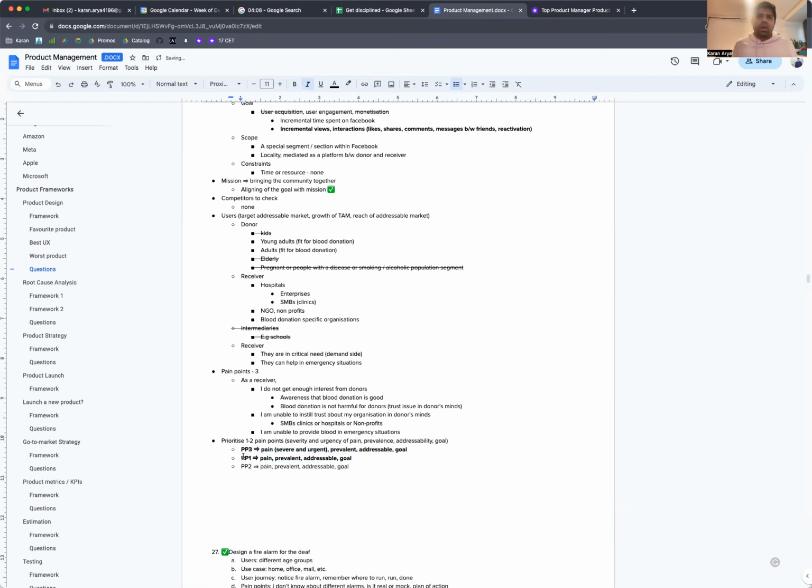So I would prioritize pain point number 3 as the most important one, and then later on say that, okay, once we have addressed pain point number 3, let's also try to solve for pain point number 1 and 2 by increasing awareness. Cool.